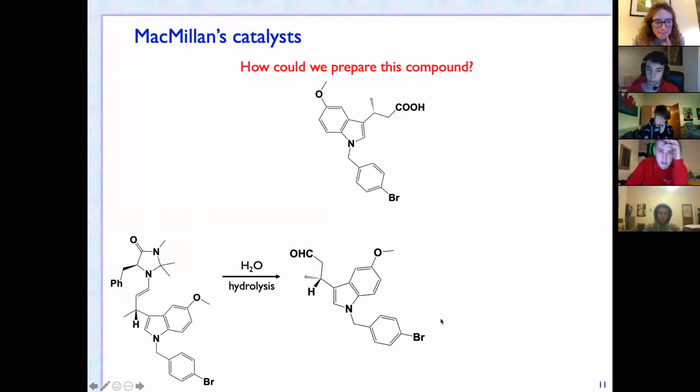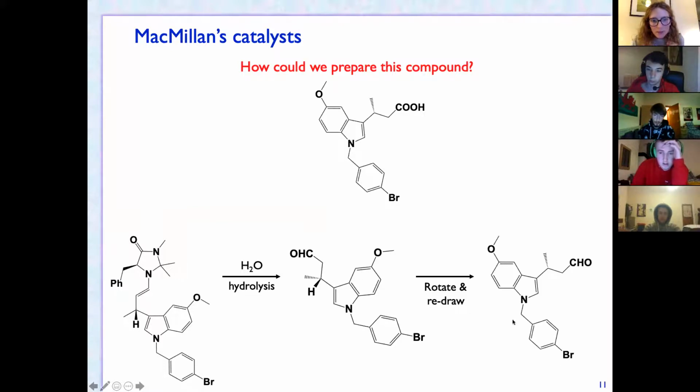So if we rotate and redraw, it should be easy to spot that we have the desired configuration at the chiral carbon. From here, what do we do? Oxidize the aldehyde. What could we use for this oxidation? Permanganate would work.